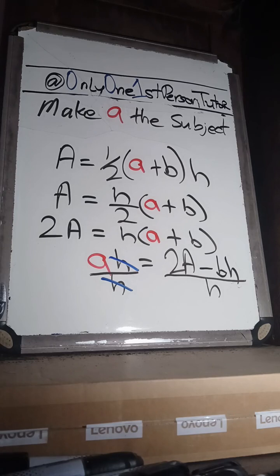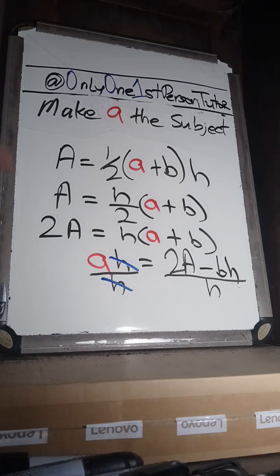If you take h over 2 and multiply it by that, it would be AH plus BH over 2. Okay, so that would have cancelled that. 2A over... Yeah, it worked out.